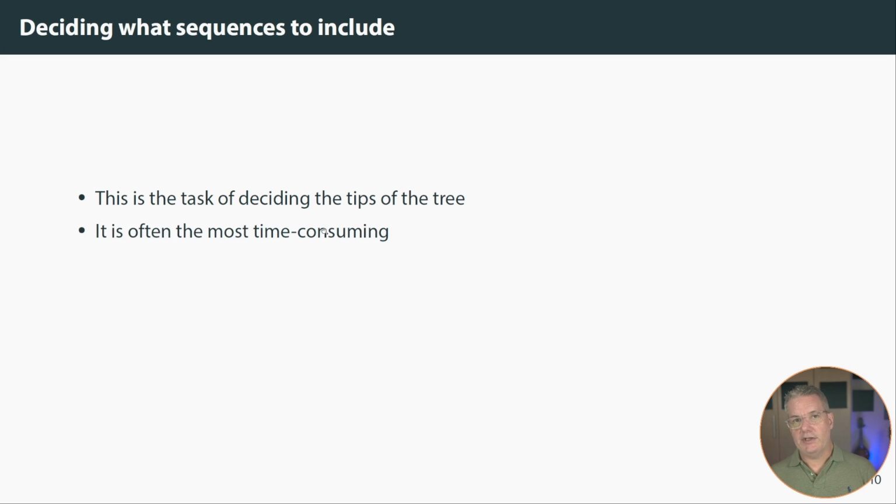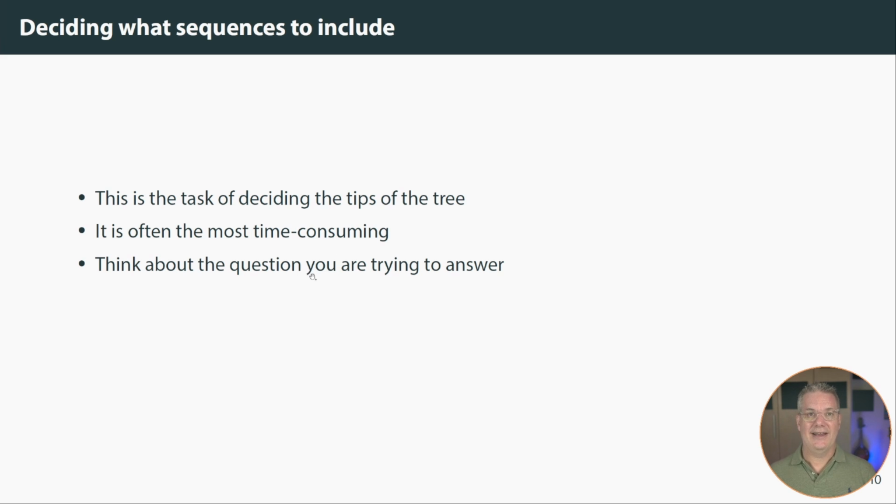This can be very time-consuming because we might need to do a lot of work to decide whether to include or exclude one sequence and so on. How do we decide? Well, we have to think about the problem. We're trying to understand the answer to some question, and the answer to what sequences to include is really just related to the question we're trying to answer, nothing more.